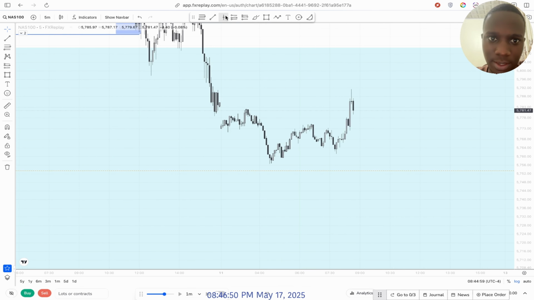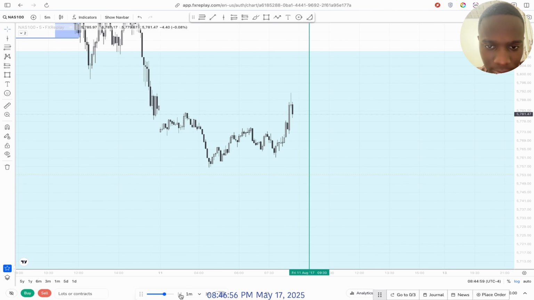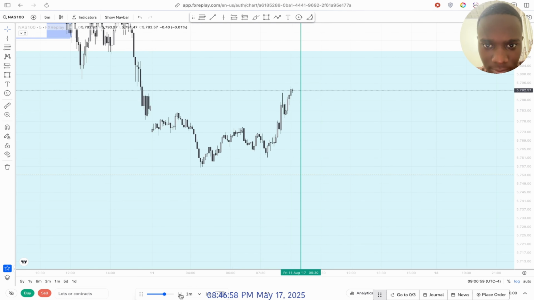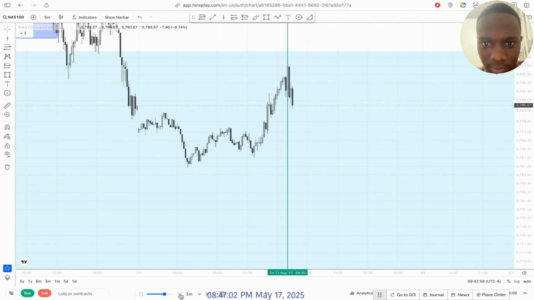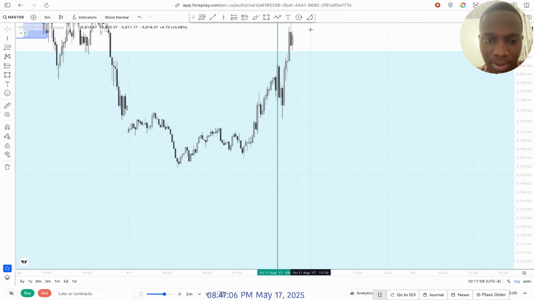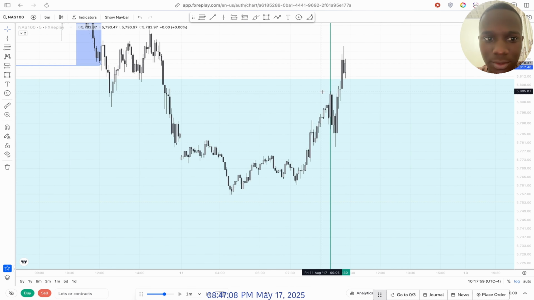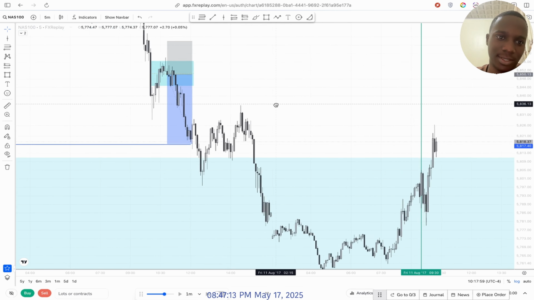Let's mark 930. It's pushing a bit higher now, starting to push up by the start of New York, and we have this high as the next liquidity point.